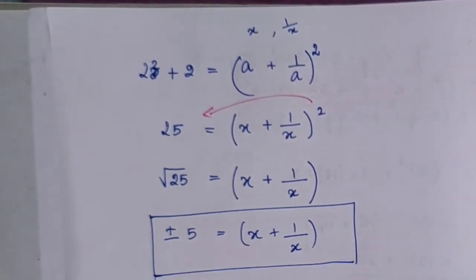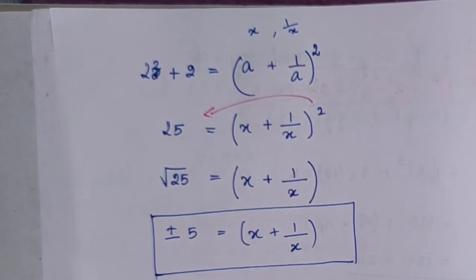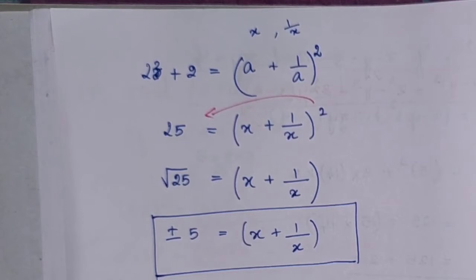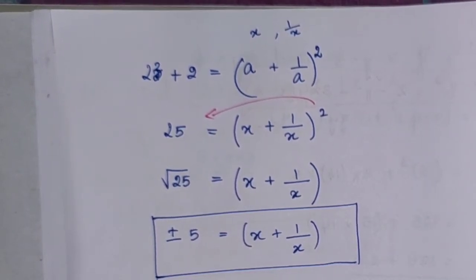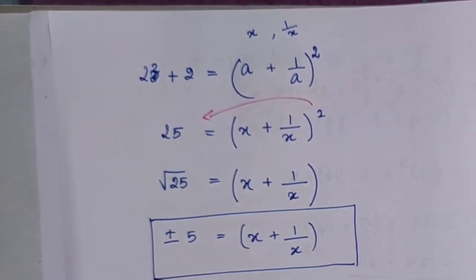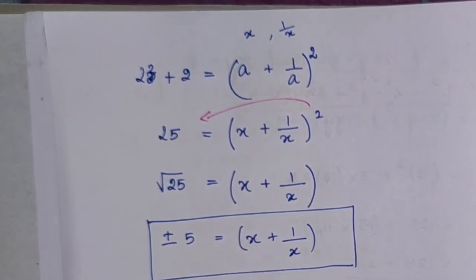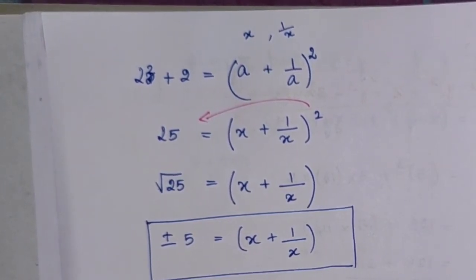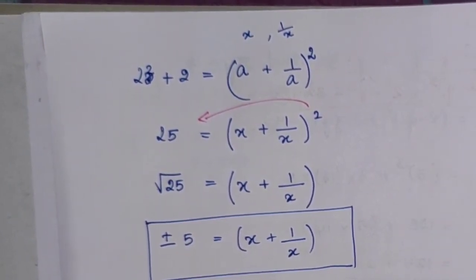Actually in the question they have given only x square plus 1 by x square is equal to 23, and we are asked to find x plus 1 by x and x cube plus 1 by x cube.